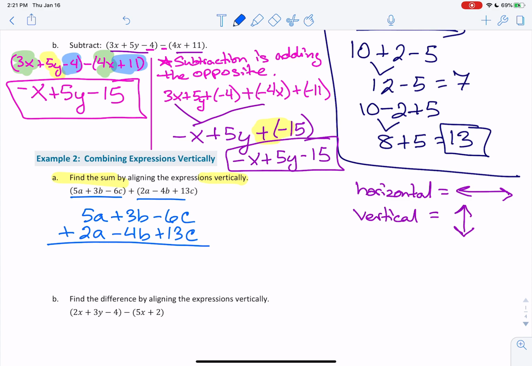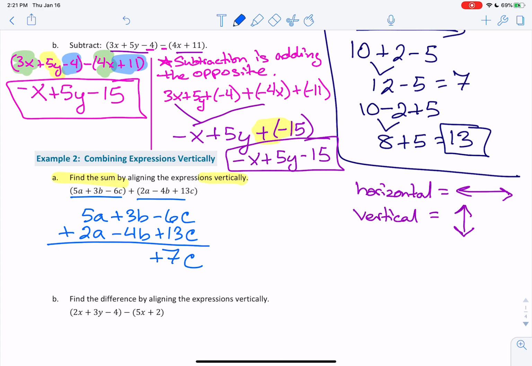So if I have 13 positives and negative 6, right? So 13 positive C's and 6 negative C's. Well, 13 minus 6 is going to be 7, right? And it's going to be a positive.